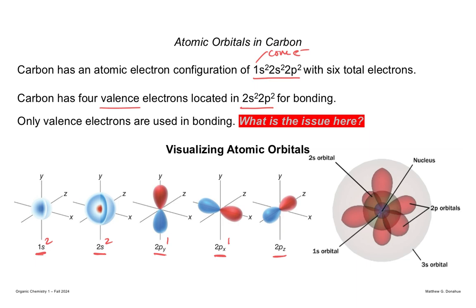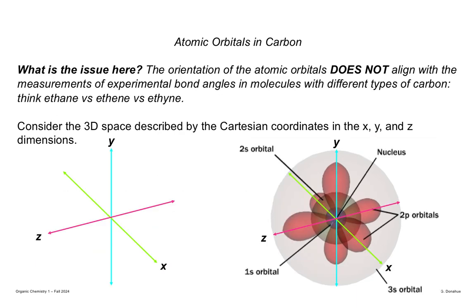So the atomic orbitals do not accurately describe what we see in these functional groups. So there's not a good explanation for alignment in how carbon looks in an alkane versus an alkene versus an alkyne.